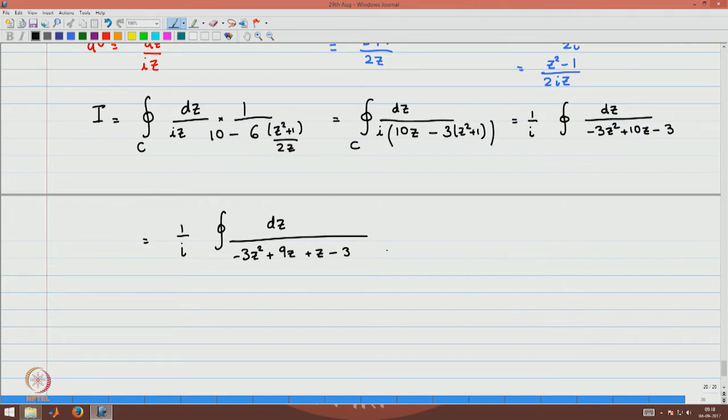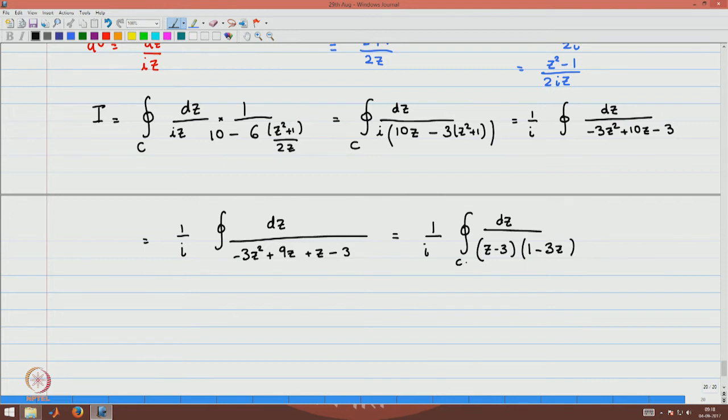Okay. So, I can write this as 1 over i, integral dz over −3z(z − 3) + 1(z − 3), so (z − 3)(1 − 3z). Now we have it in a form where we can use the residue theorem.